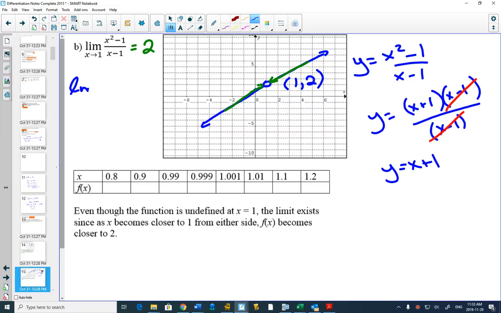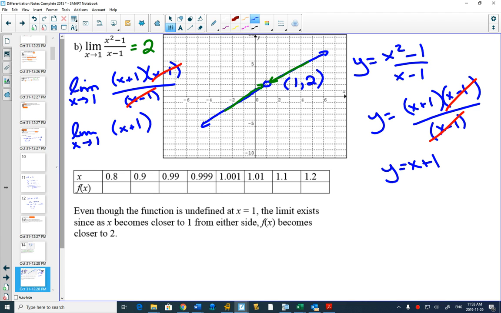But if I factor, I can simplify, and then once it's simplified, can you see now you could plug in 1 without a non-permissible value? Plugging in 1 there makes it equal to 2. So often what we'll do is we'll try to simplify our equation in order to evaluate our limit.